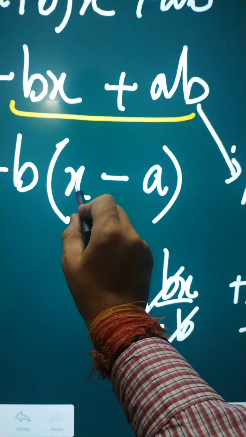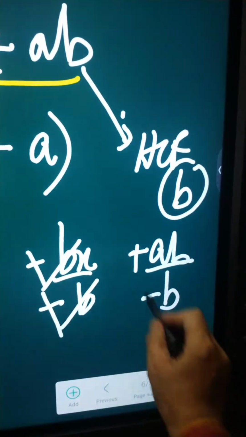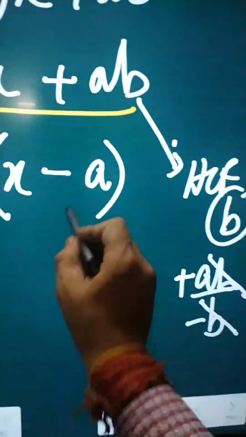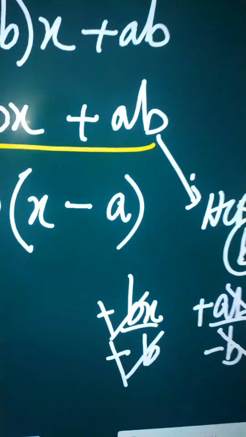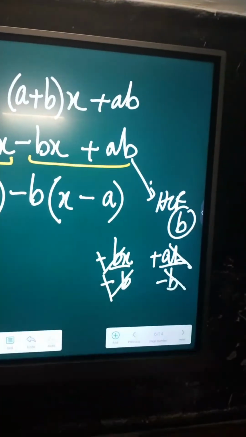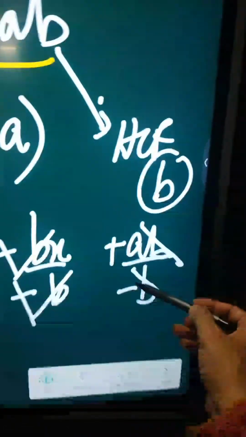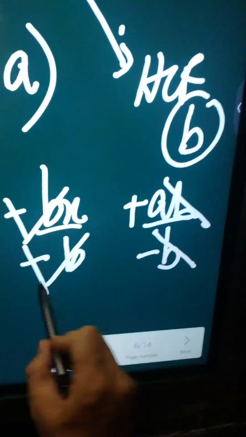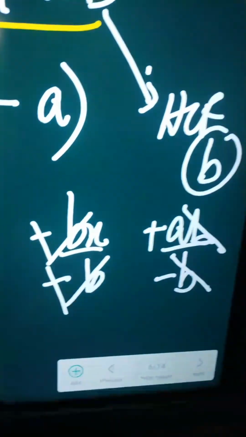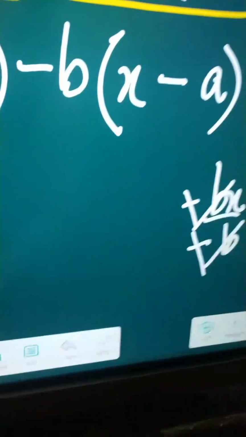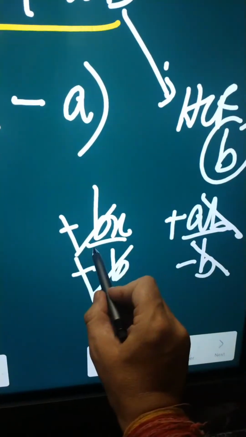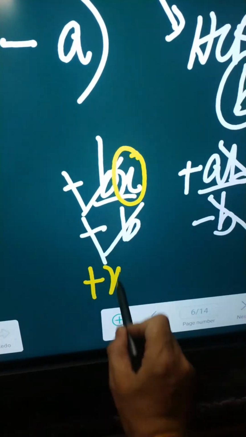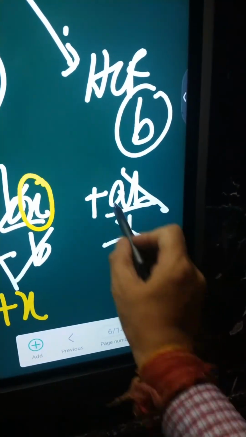Then plus ab divided by minus b: b and b cut, and plus divided by minus becomes minus, so it is minus a.